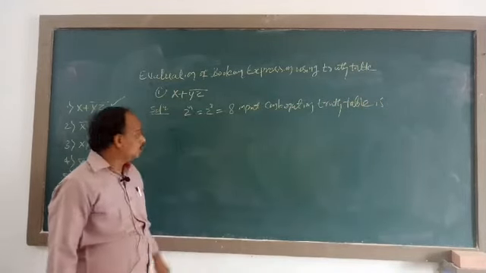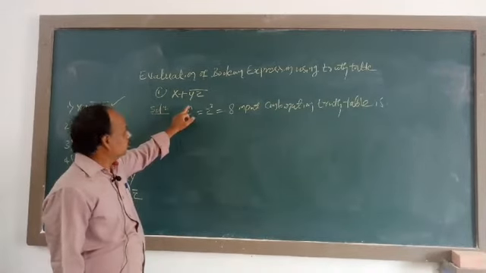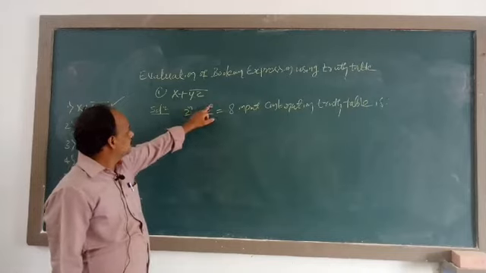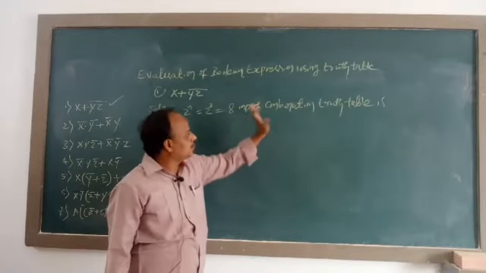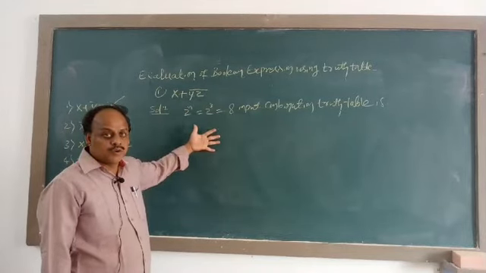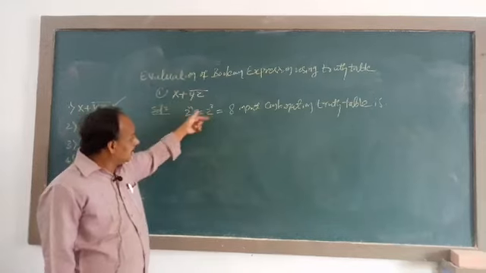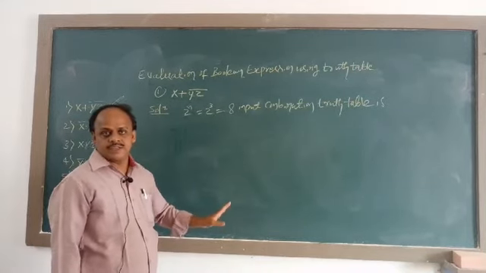See here, 3 variables are there in the given expression. Therefore 2 power 3 is equal to 8 input combination truth table. Now we have to draw a truth table for the given Boolean expression with 8 possible input combinations.